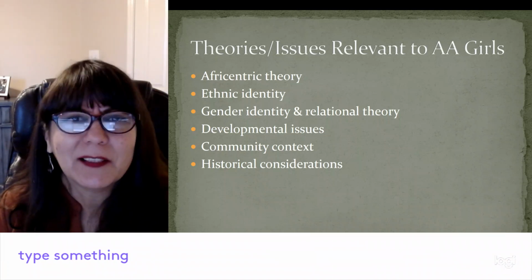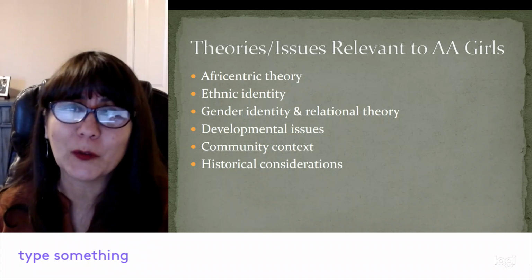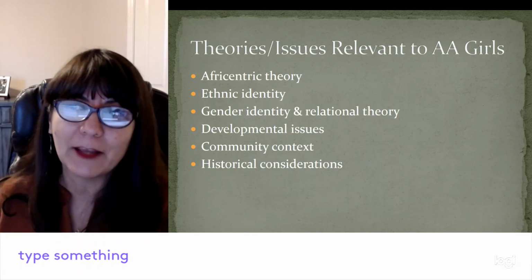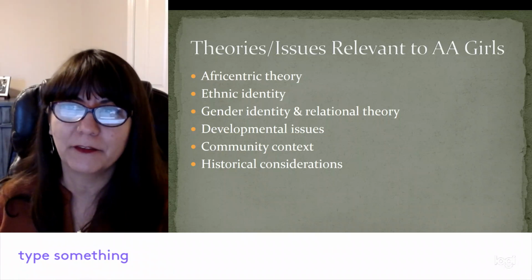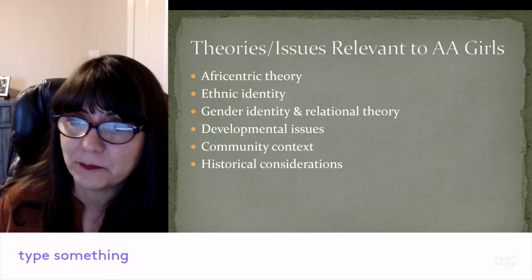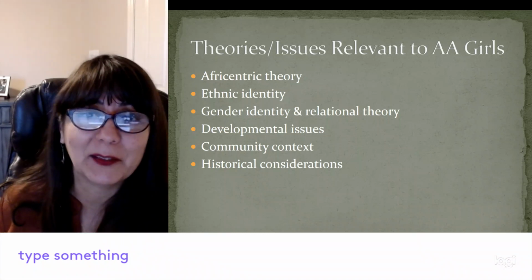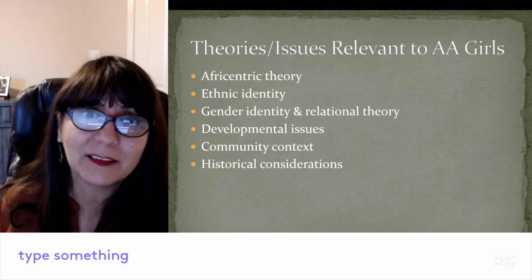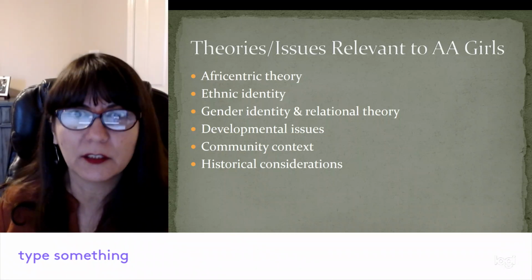Developmental issues also come into play. You're working with adolescents, they're going through all sorts of changes. How does that affect the way we think about ourselves? How does that affect the way others treat us? Then the community context, whether it supports healthy practices or promotes risky behaviors. And then the historical considerations.